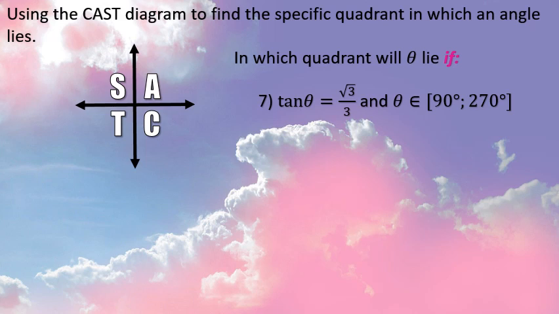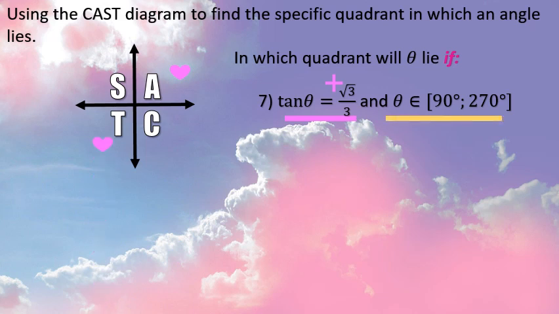Let's use this CAST diagram to find the specific quadrant in which theta would lie if tan theta was √3/3. Okie doke. So let's look at our first piece of information. Tan theta. What is the sign of that given number? √3/3. That is a positive. So let's go mark our positive quadrants for tan.